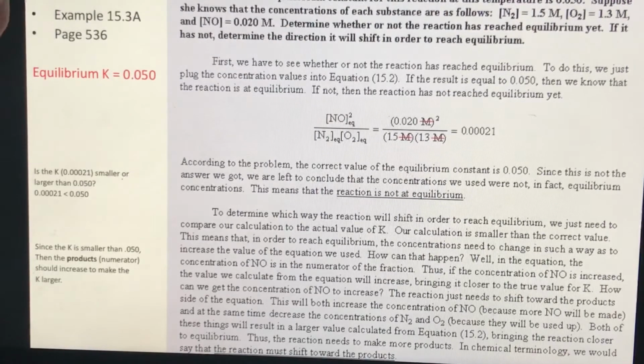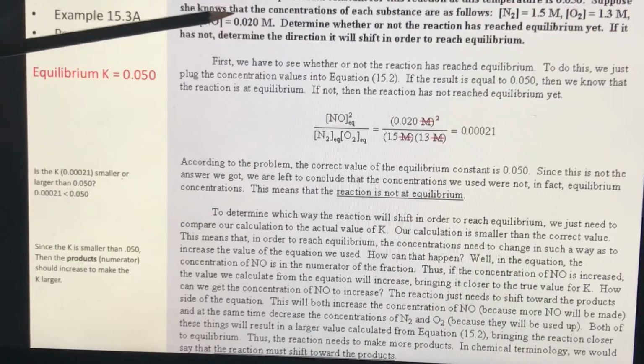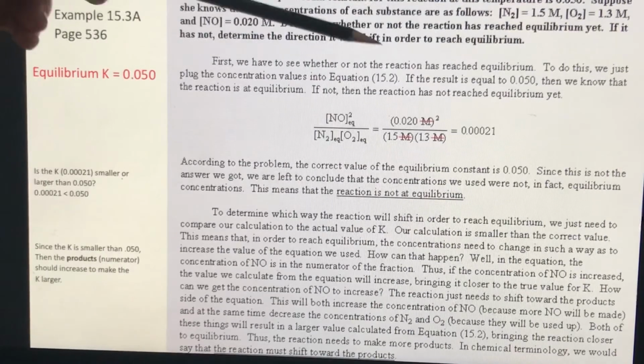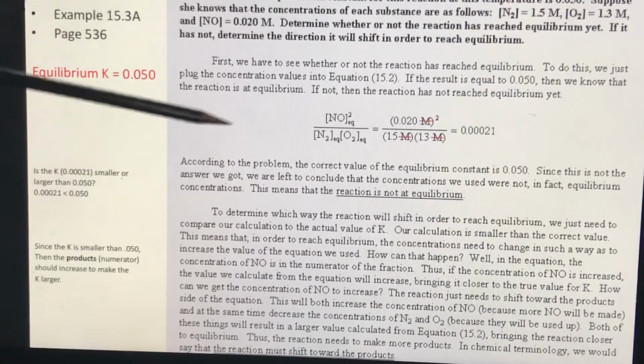If it has not, determine the direction it will shift in order to reach equilibrium. So it's asking if the equilibrium's off, in order to get it to equilibrium, should it shift toward the product side or toward the reactant side?